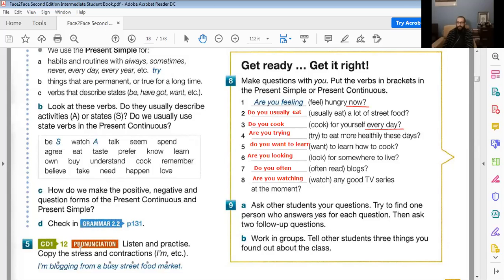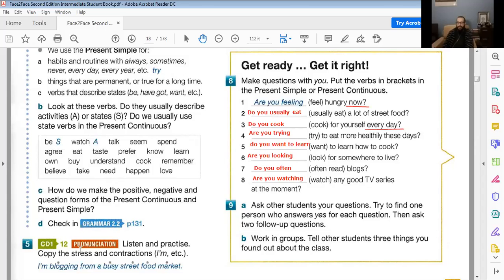You need some recipes? Yes, and I try to do. And does it work well?